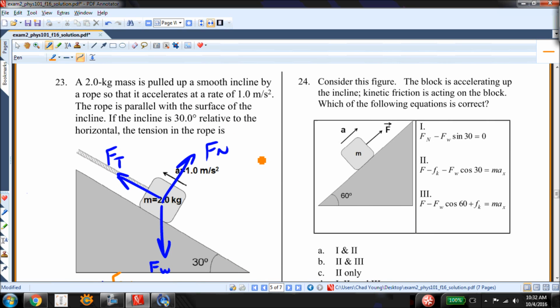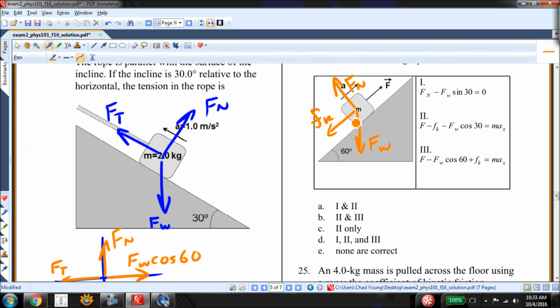All right, consider the block accelerating up the inclined plane. Which of the following equations is correct? So I have Fn minus Fw sine 30. I'm just going to write the forces here. Here's Fw, I have Fk, and I have Fn. If I draw my free body diagram, oh, I'm sorry, not that direction.